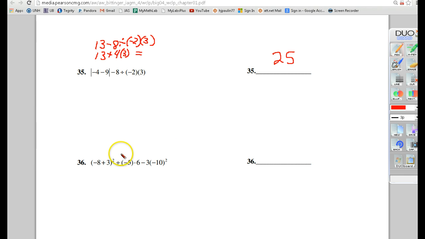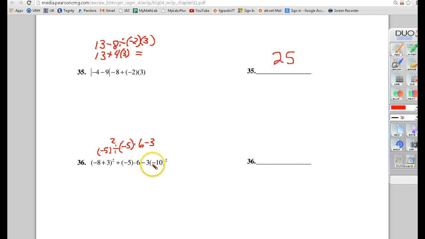Okay, now for our last one. Here we have a negative 8 plus 3. We do that first. This will give us a negative 5 that we're going to square. Then divide that by a negative 5 times 6 minus 3.